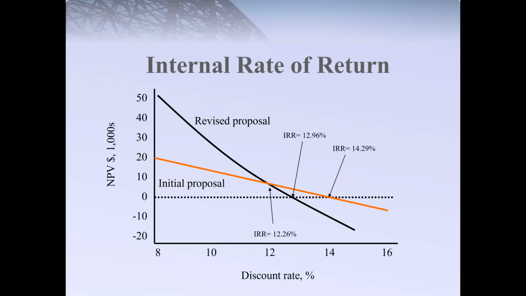So this is the chart that shows the relationship between the discount rate and the NPV of each project, right? So this is the connection between the discount rate and the NPV of the long project, the NPV of the short project.